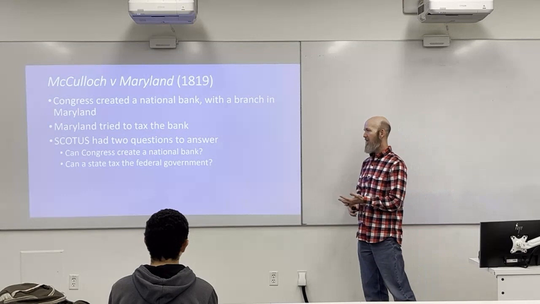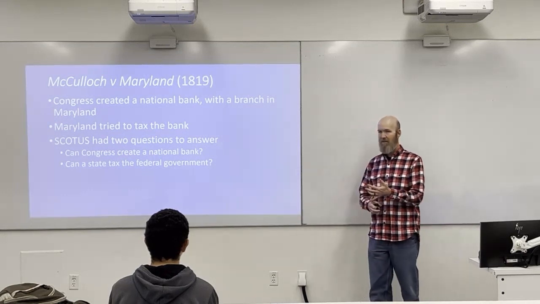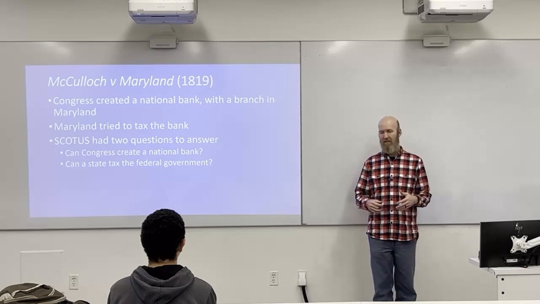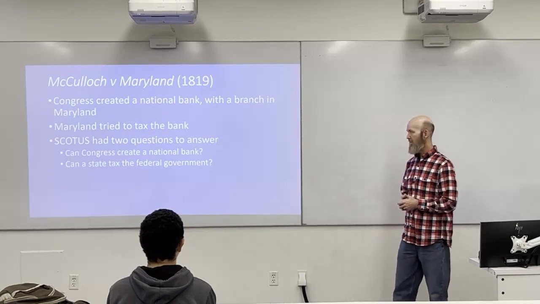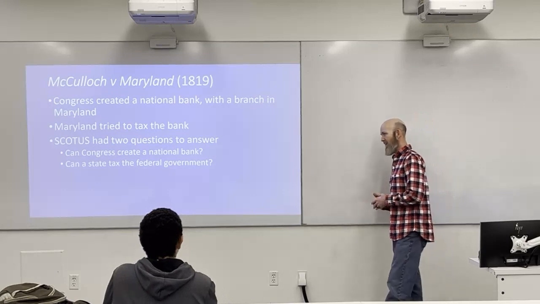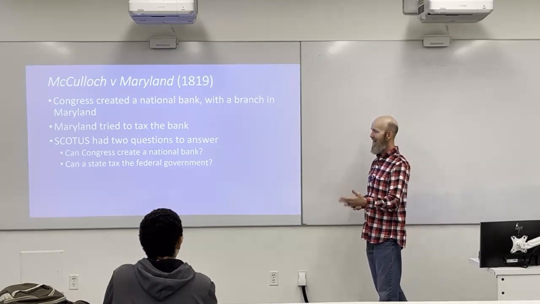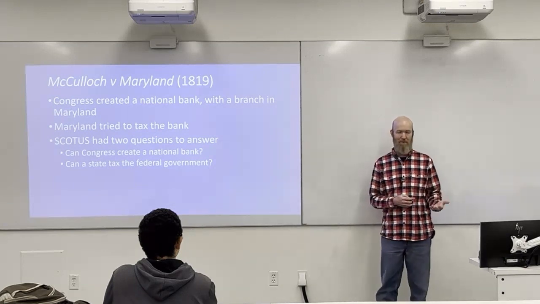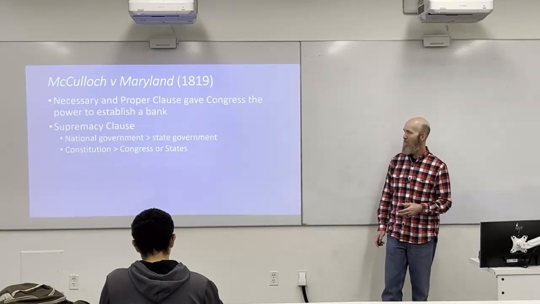First, can Congress create a national bank? Maryland was claiming that the government had no right to create the bank in the first place. Second, if Congress can create a national bank, can the state of Maryland tax that bank, or tax a part of the federal government? So those are the 2 things the Supreme Court had to decide.